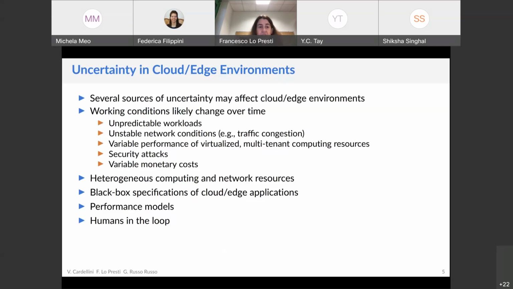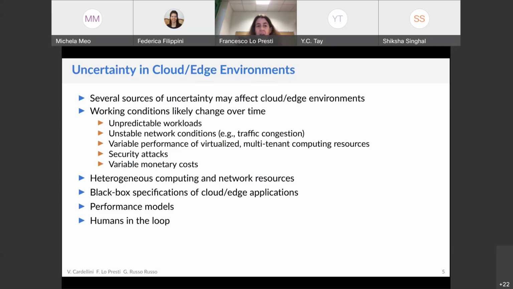In addition, you can have uncertainties regarding the performance models you can use to define a model of your application and the environments in which the system and the application operate. And of course, an important source of uncertainty is related to the presence of humans in the loop.